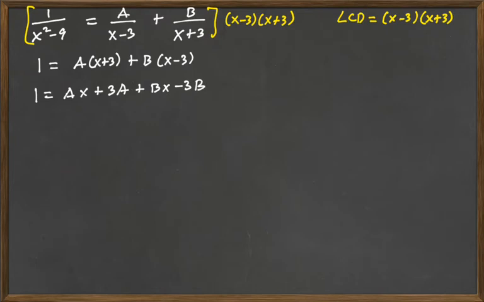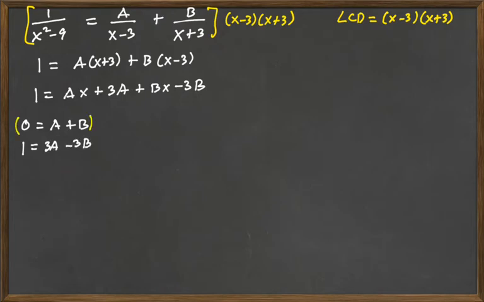And the idea is we have two equal polynomials. The polynomial on the left-hand side is just 1, and the polynomial on the right-hand side is ax plus 3a plus bx minus 3b. So we want the coefficients of the x's to agree and also the constants. Well, there are no x's on the left-hand side of the equation, so we'll have 0 is equal to a plus b. Then for the constants, the constant 1 is going to be equal to 3a minus 3b.